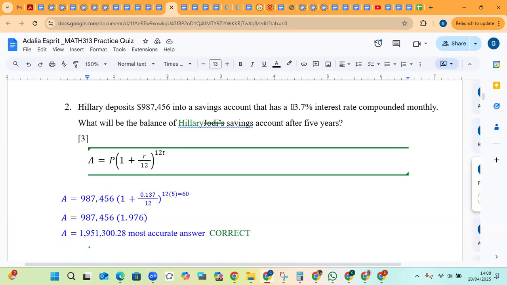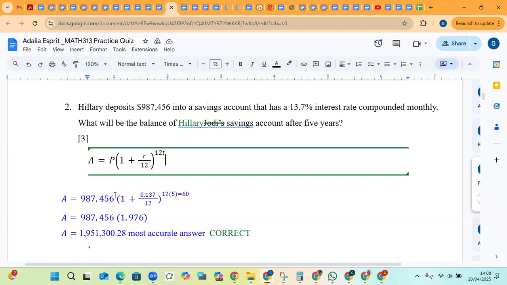R is 13.7%. So therefore, we substitute R 0.137 over 12 because percent is divided by 100. And 12 times 5 is 60. And our principal now, what she began with, is $987,456. So we substitute this in the place of P.